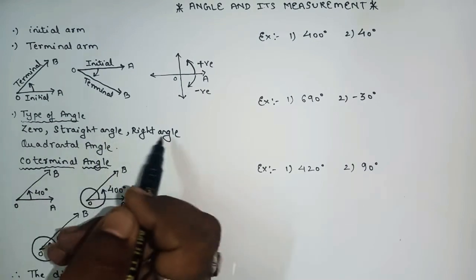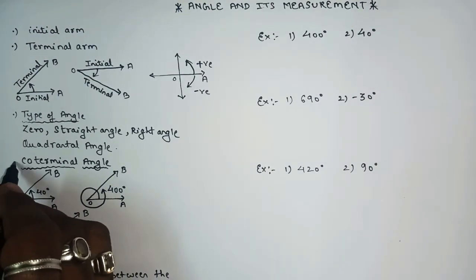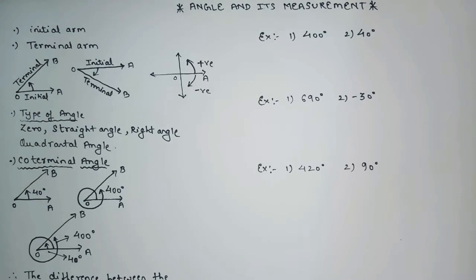The rest, zero, straight angle, right angle, quadrantal, are basic things as they were there in the 10th standard. But you must know about this coterminal angle, because your first exercise question number 1 is based on coterminal. Without knowing the concept of coterminal, you cannot solve the sums of your exercise.